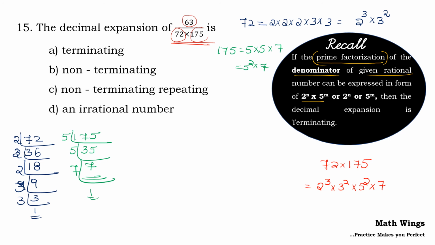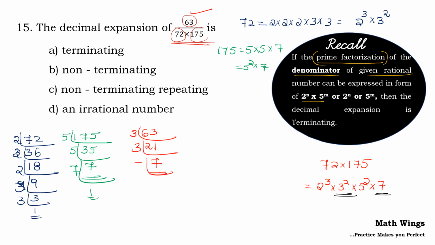So if we observe here, according to the concept, what extra do we have? We have here 3 square and 7. Therefore, we can't directly say that it is a non-terminating decimal expansion because in the numerator we have a composite number. So what we have to do? We have to write the prime factorization of 63 also. What is the prime factorization of 63? 3 2s are 6, 3 1s are 3, then 3 7s are 21.